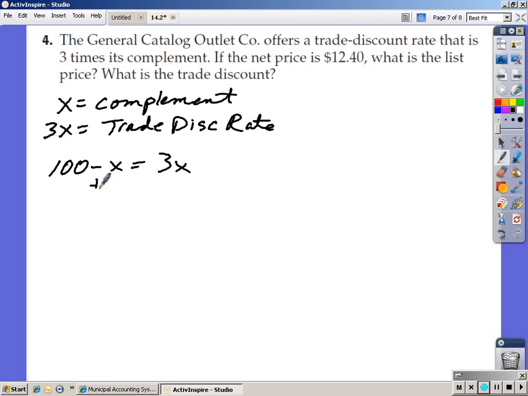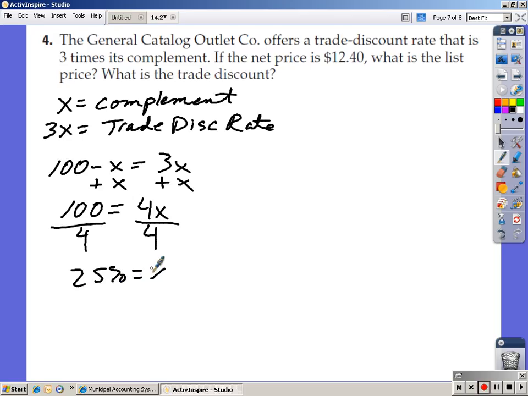Add x to both sides. 100 equals 4x. Divide both by 4. 25% equals x. Okay, so my complement is 25%. My trade discount rate is 75%.